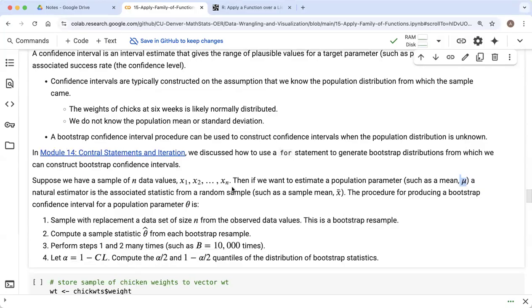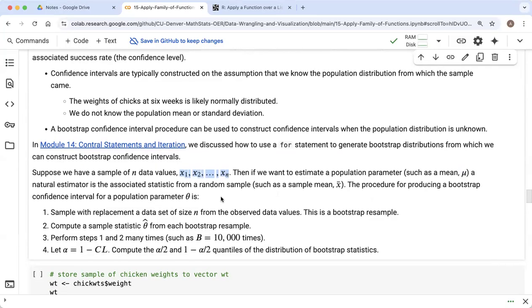So I take my sample, and I generate a bootstrap resample by picking at random with replacement from the original sample. Each time we pick a bootstrap resample, we calculate a sample statistic from that resample, which we would use to estimate the population parameter. We repeat this many, many times, like 10,000 times, over and over again.